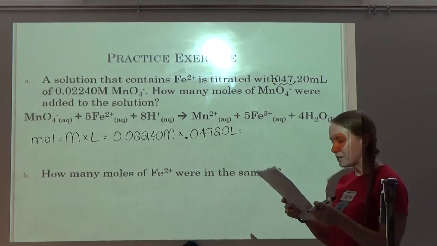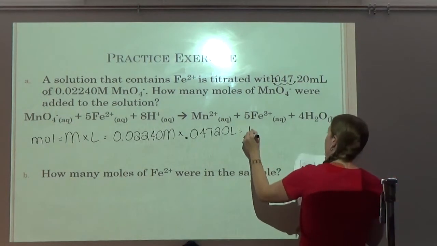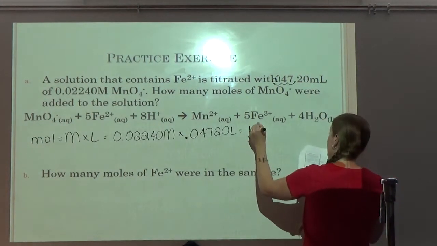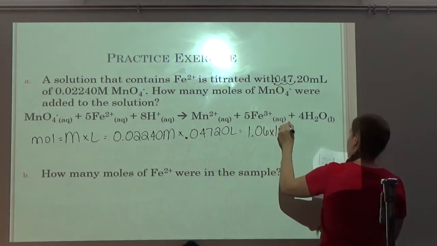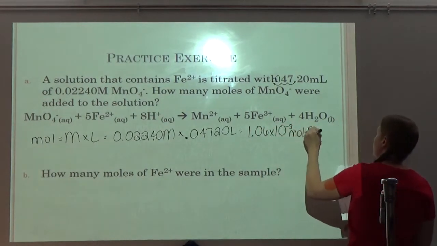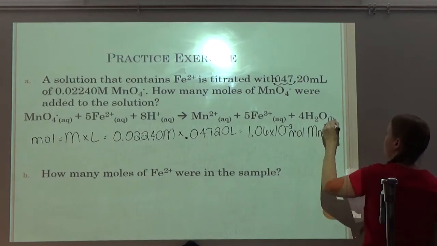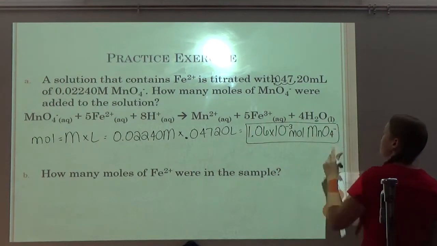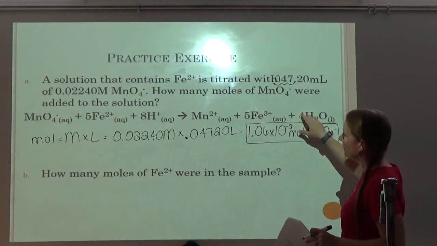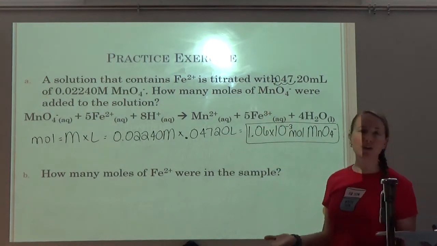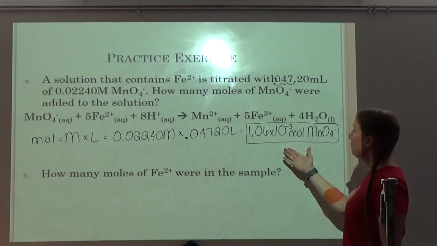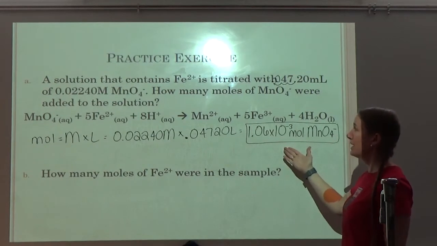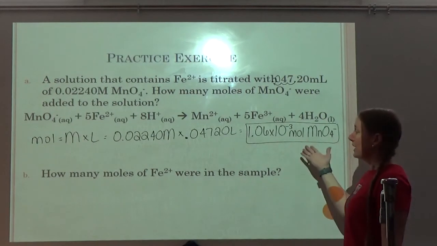Okay, so once I multiply that, I end up getting about 1.06 times 10 to the negative 3 moles of the permanganate ion. Okay, so notice in part A, I didn't need this reaction. I didn't need anything to do with iron. In part A, it's just asking how many moles of permanganate were added. So that's what I calculated.